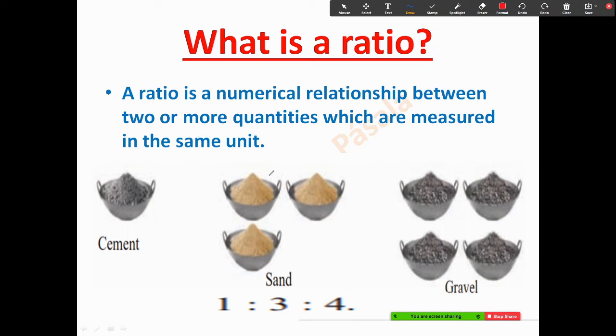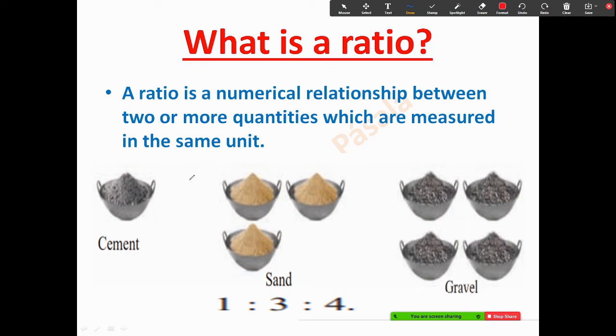Can you see in this example, cement, sand and gravel are measured by using the pan in the same size. All the pans are in the same size. That means we can consider here the unit is same.